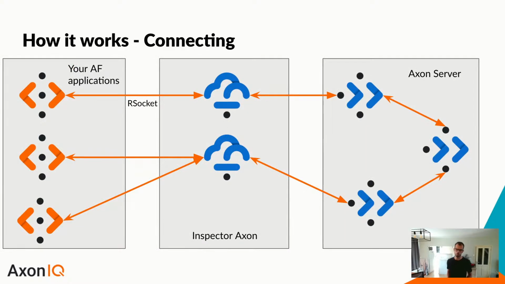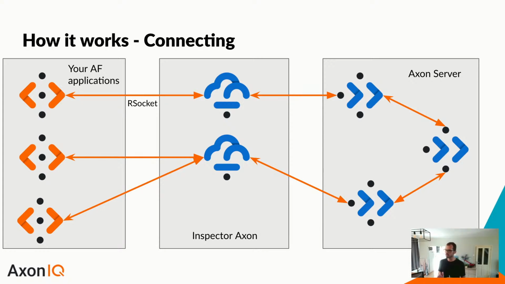So how does this work in the background? You have your Axon framework applications on the left. In this case, we have 3 instances. We have Inspector Axon in the middle, and Inspector Axon is backed by an Axon server cluster that's highly available. So your Axon framework applications connect using our socket to Inspector Axon.